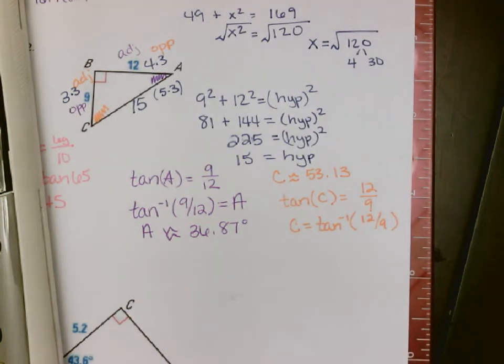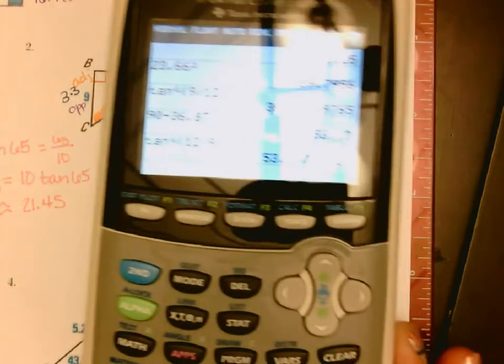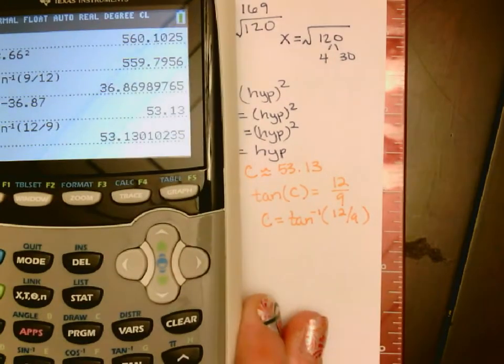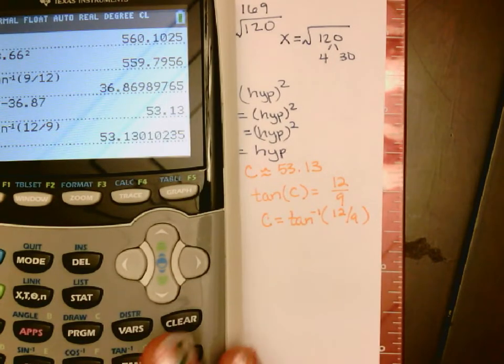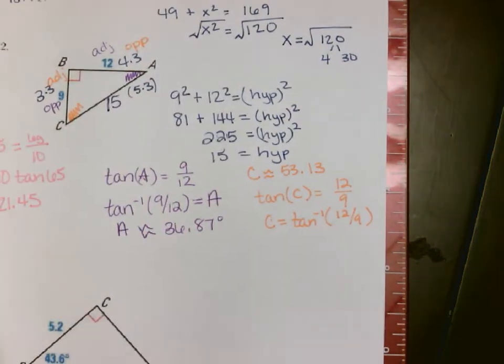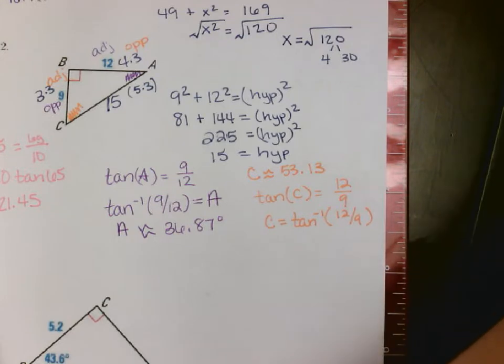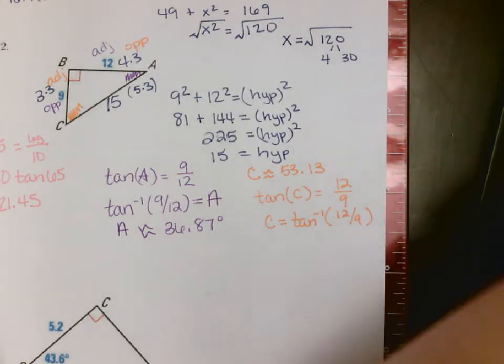So second tangent, 12 divided by 9, and my calculator comes out to be roughly 53.13. So either way, you'll still get the same answer, but it's up to you if you want to do trig twice or just do it once and then subtract from 90 to find the complement.